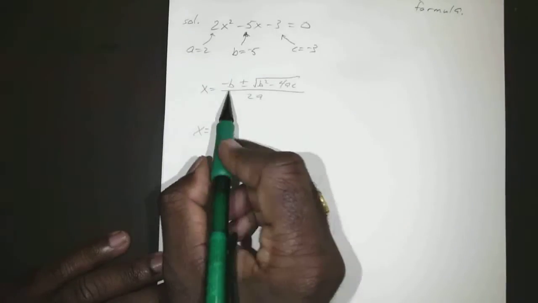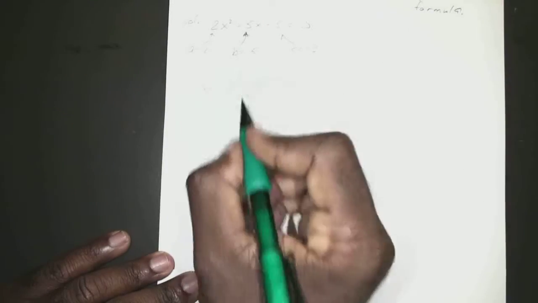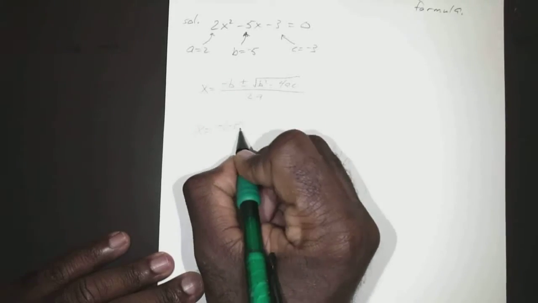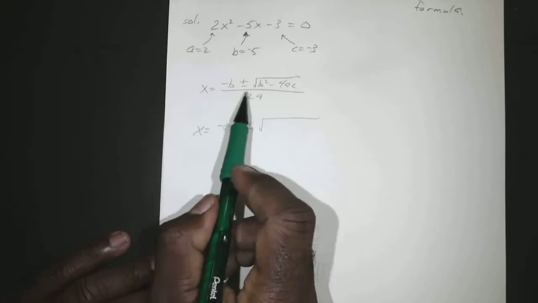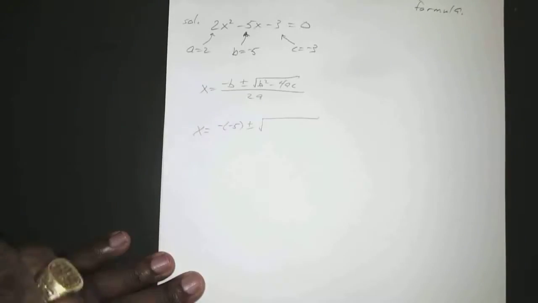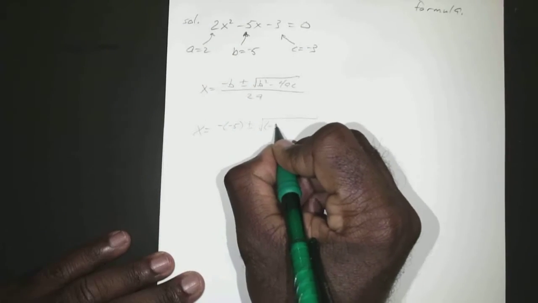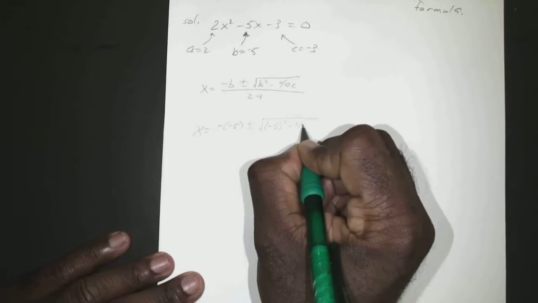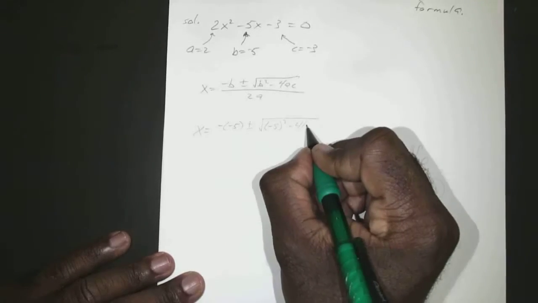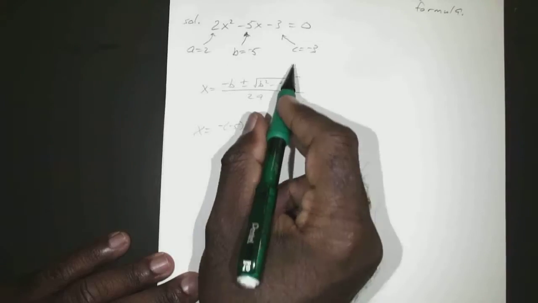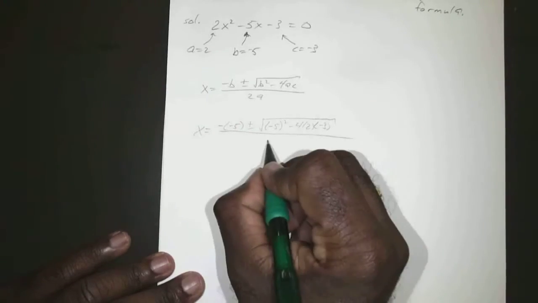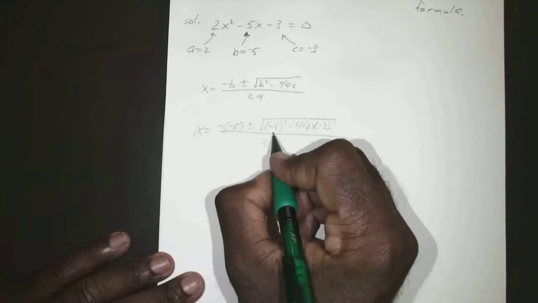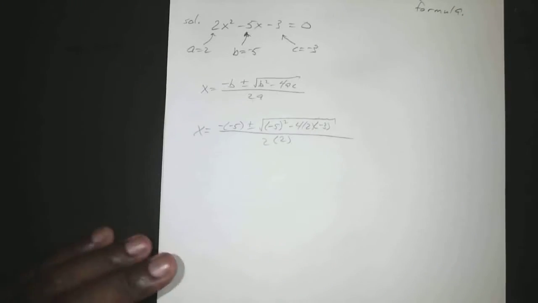So x equals negative b, so that's negative 5, plus or minus the square root of b squared, so that's negative 5 squared, minus 4 times a, which is 2, times c, which is negative 3, all over 2 times a, which is 2 times 2.